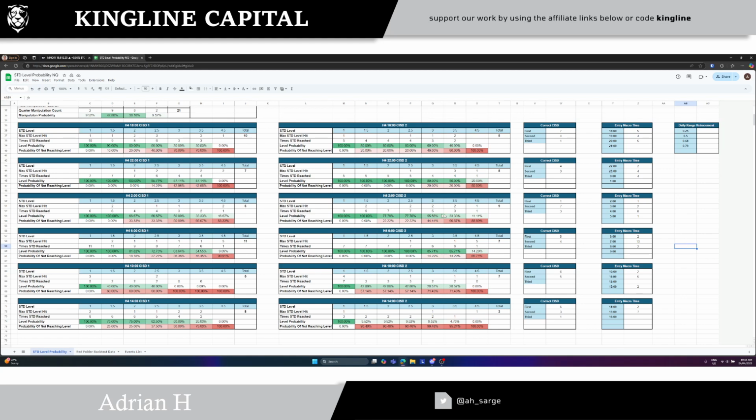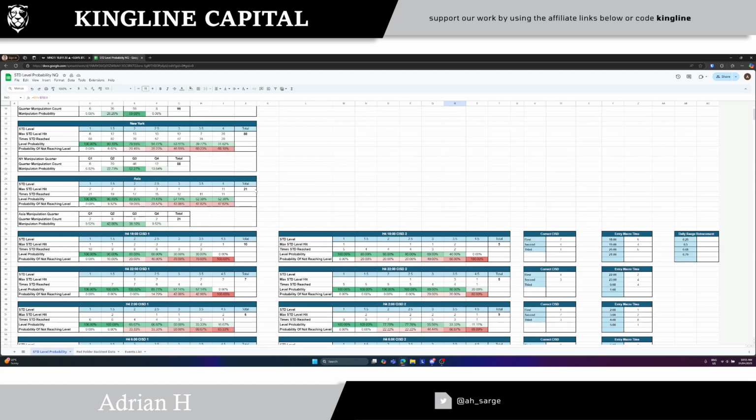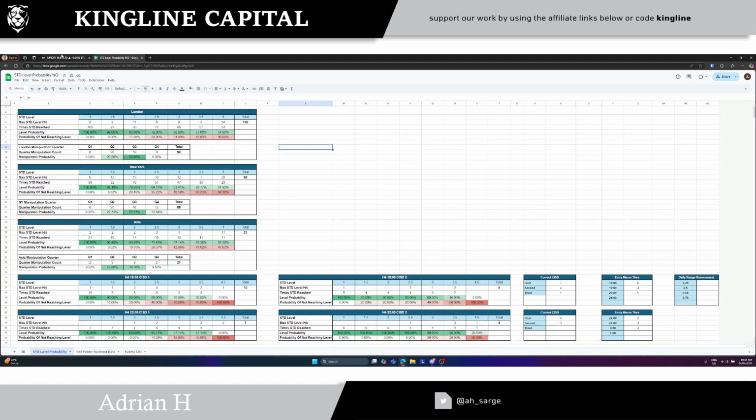If we can get one 4-hour candle that hits SD 3.5 85% of the time, it'd be very profitable just to do that one move. Yeah, keen to keep building some more data, Vinny.